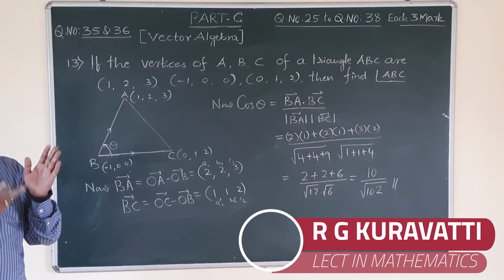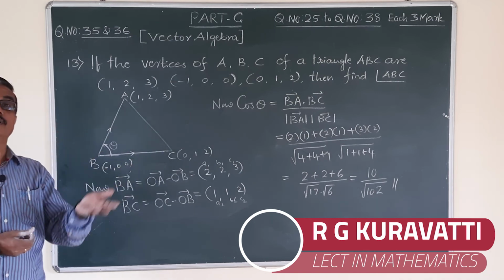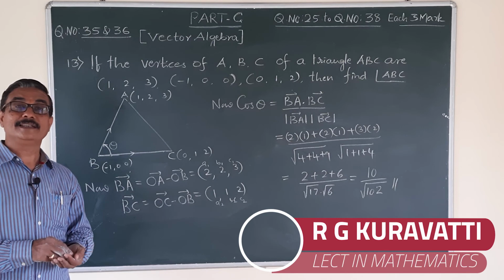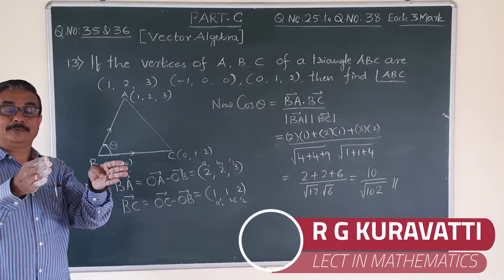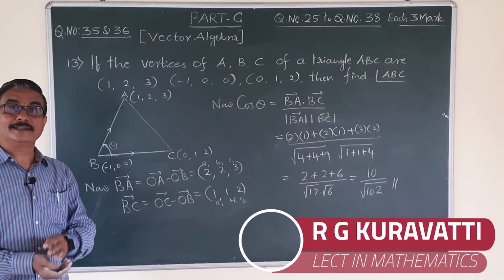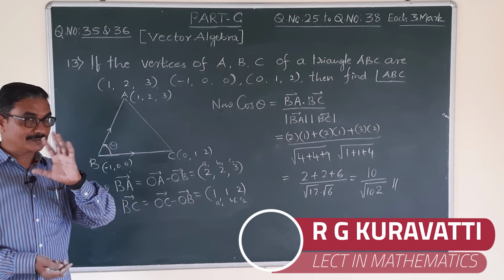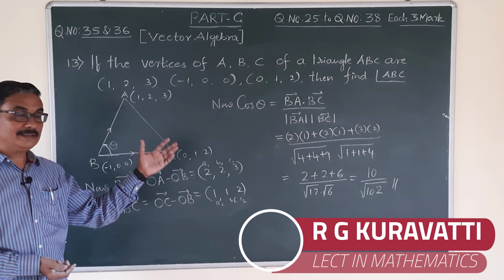Okay. The unit vector perpendicular to both the vectors A and B is given by the formula n cap is equal to vector A cross B divided by their magnitude. So if you remember the concept and the formula, it becomes easy.